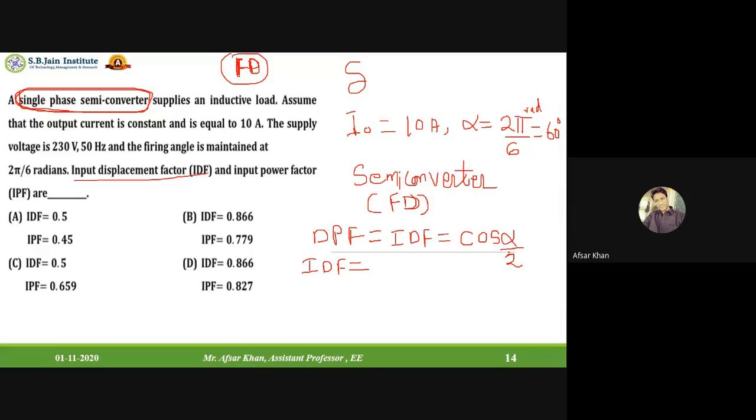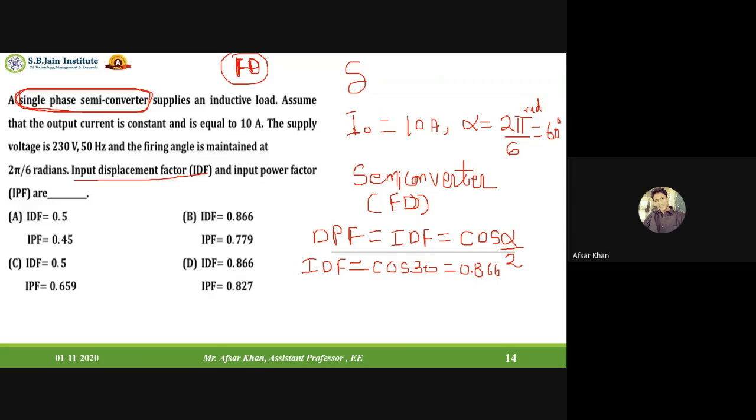Cos 60 by 2 means cos 30. Cos 30 is 0.866.